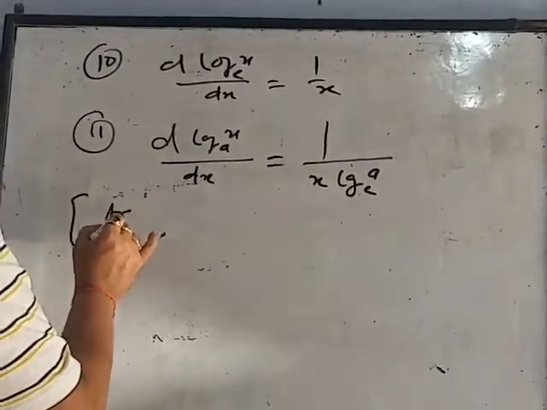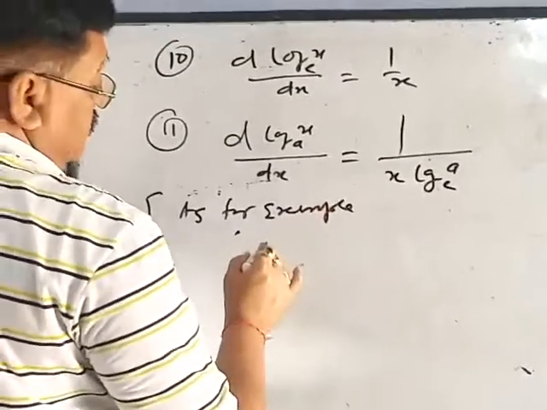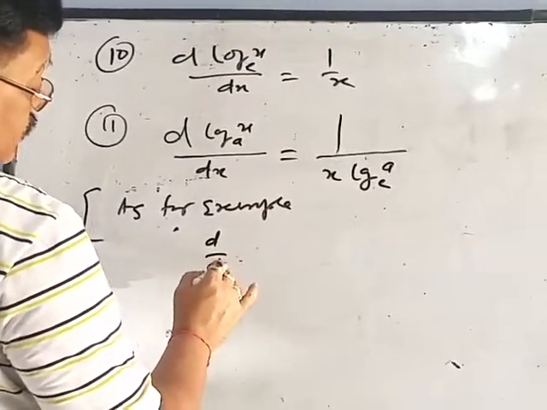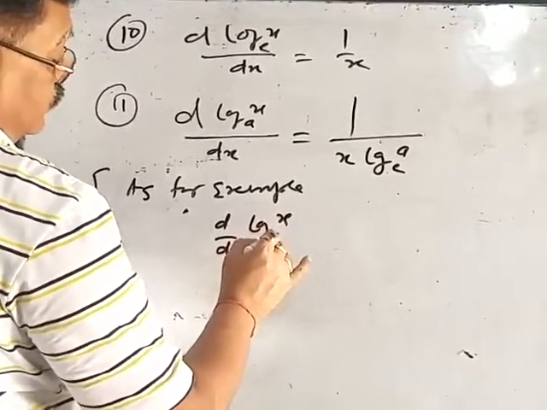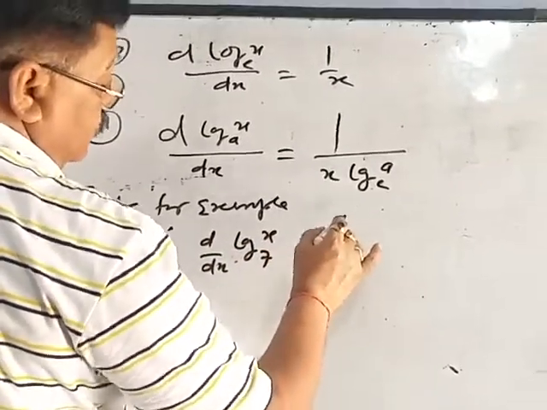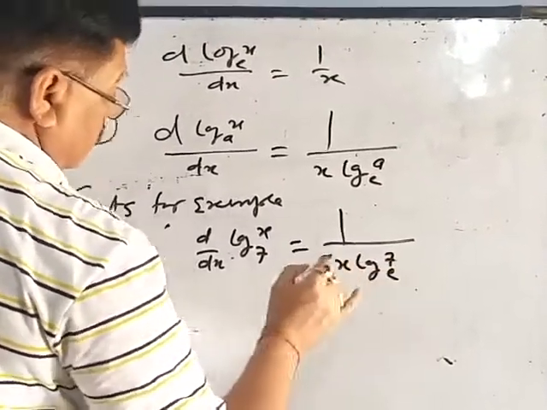As for example, d by dx of log of x to the base 7 is equal to 1 by x log of 7 to the base e.